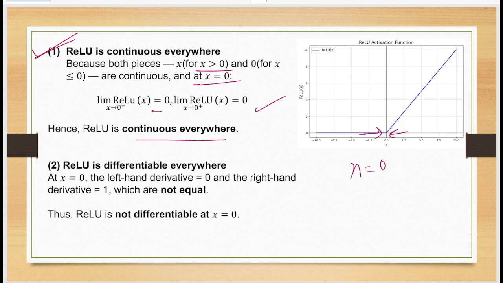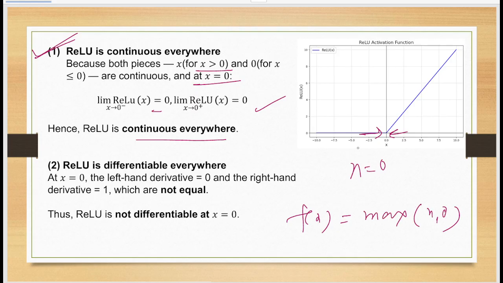And next, it says ReLU is differentiable everywhere. If you check the differentiability, that means we have to differentiate this function f of x equal to max of x comma 0.